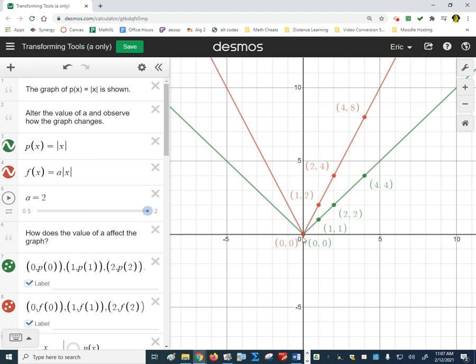Normally we go over 2, up 2, but now we multiply that height by 2, and we go over 2 and up 4. Normally we go over 4 and up 4, but we're multiplying that height by 2 to go over 4 and up 8. Everybody agree? Okay. So what's going to be the outcome then? What's going to be the effect of this if I change a from 2 to 1/2? What's that going to do?